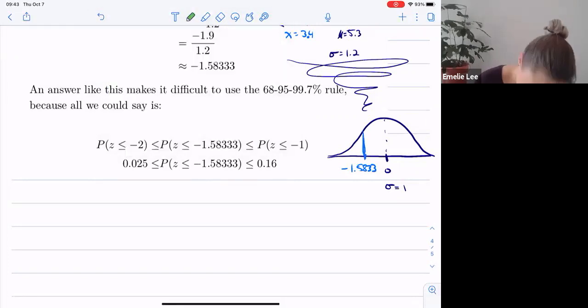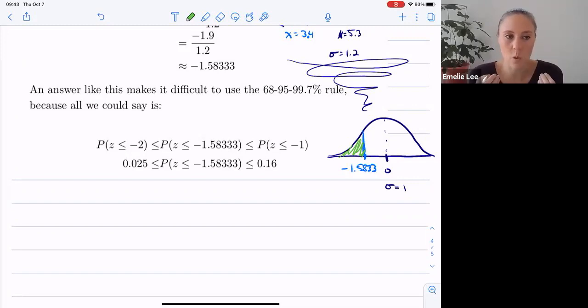Okay. So then the area that we're trying to figure out is this area here. We could use the 68, 95, 99.7 rule, and it's a really good rule of thumb for approximating probabilities. In fact, I've taught this course without any Z tables, because we would typically just use software to find exact, or more precise, probabilities.